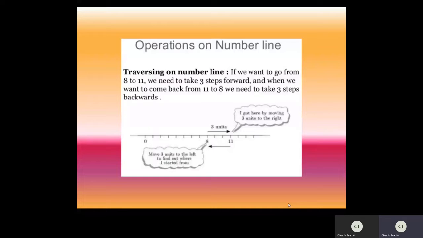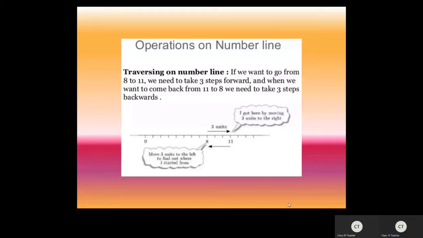Then, let us go on with an example. Okay, if you want to go from 8 to 11. So you can see that the first number is small, 8, and the second number is 11. 11 is the bigger number. From small number to big number, we do forward counting. Yes or no? When we have to move over to a bigger number, we will start doing forward counting. That means we move forward.